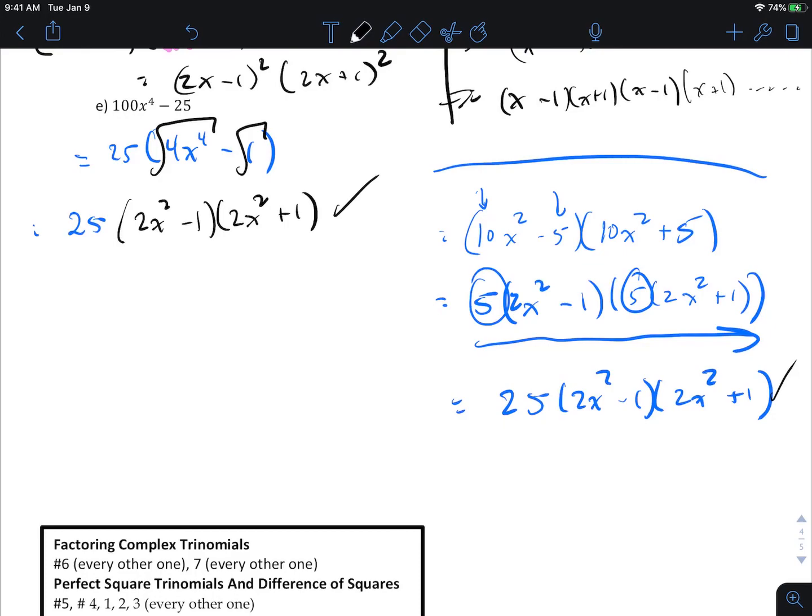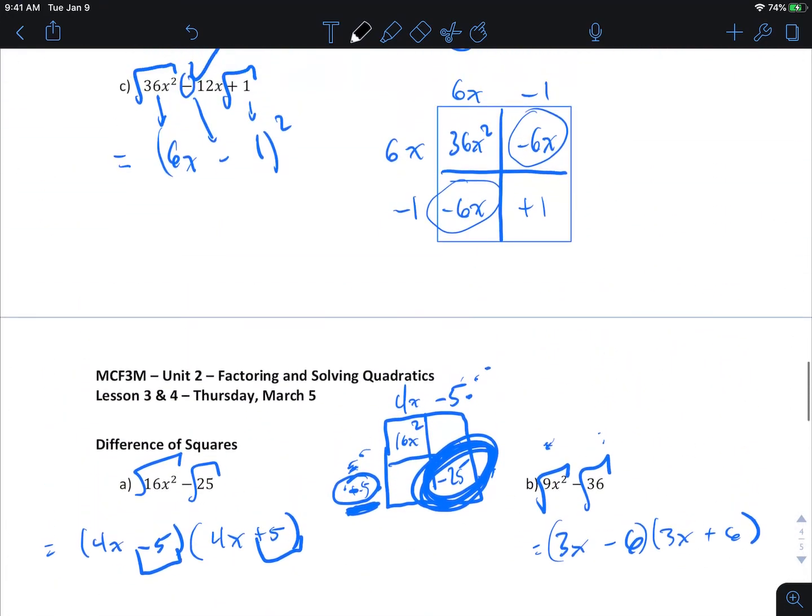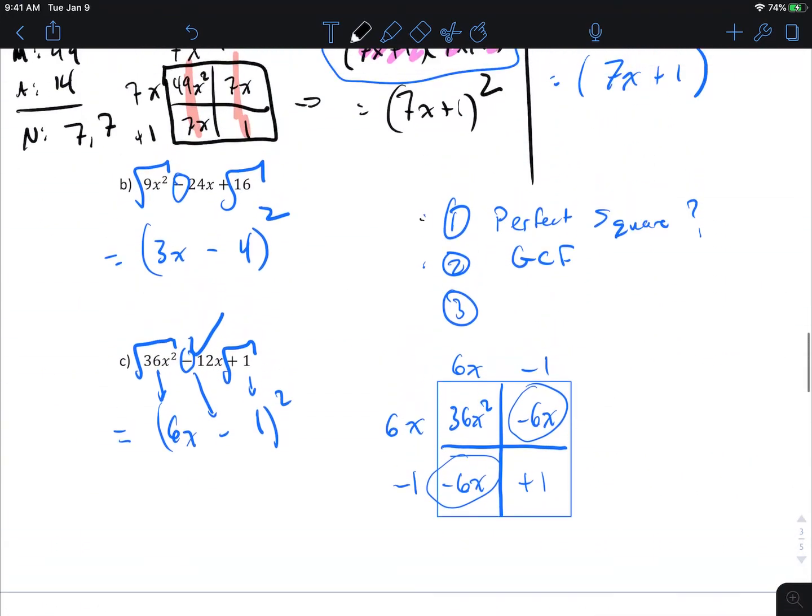It just goes to show that either of those two things are interchangeable. Remember I said this up here? I would always check to see if you can do 1 and 2 before doing anything else. You can see how maybe it's not imperative that you check for the greatest common factor first. You could even check difference of squares.